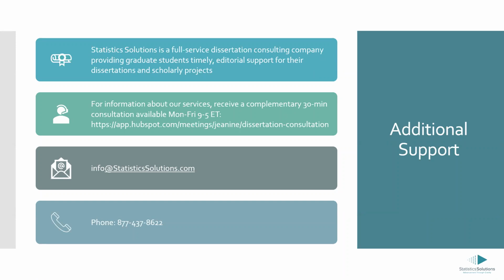All right, our next question is regarding the Pearson's R. Should you explain it in each research question? I'm not sure if you mean if you should explain the rationale or the justification for the analysis in each research question.